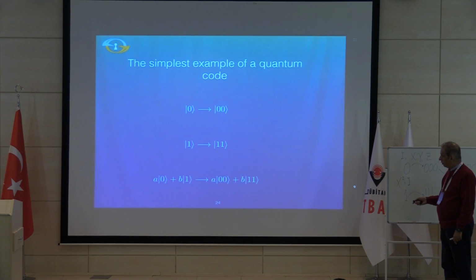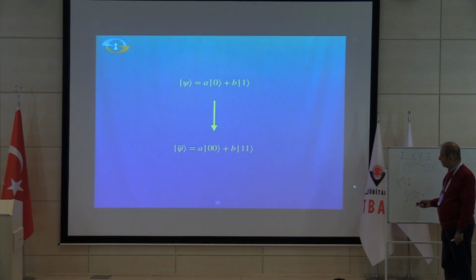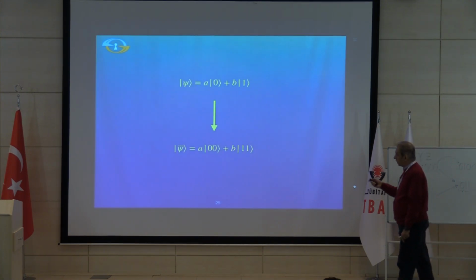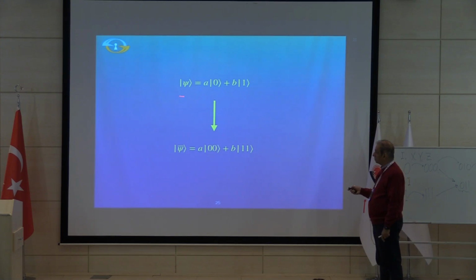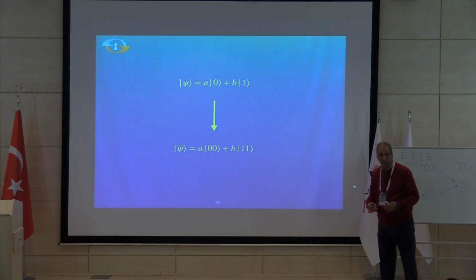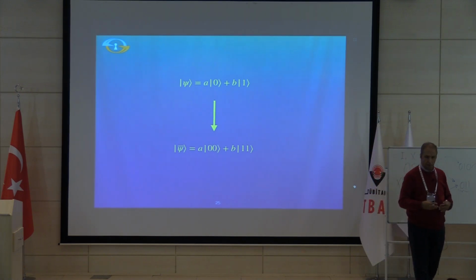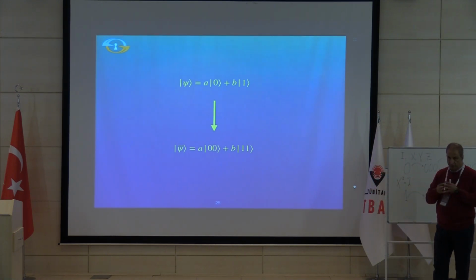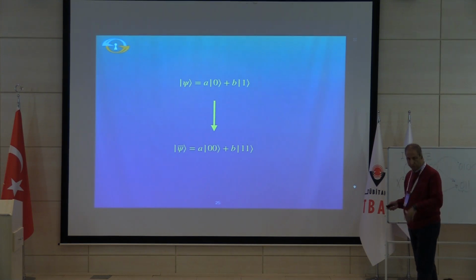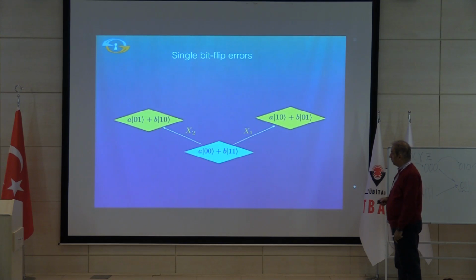Okay? Now let's see what happens. So this is my encoding. Psi is the initial qubit. Psi bar is the encoding. I use it to detect and correct the errors. Okay? Sure? Let's see what happens.